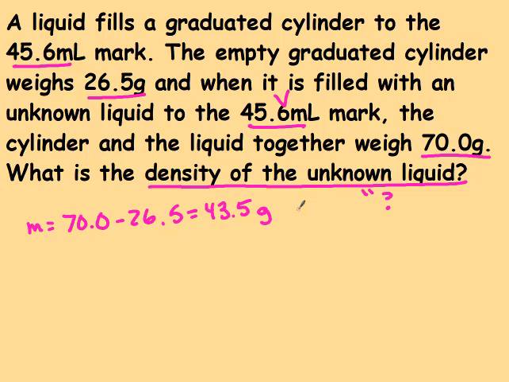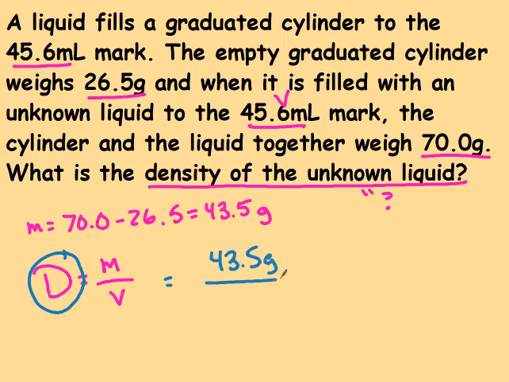Now that I know my mass and my volume, go ahead and pause the video and calculate your density. You should have written the equation, circled what you were looking for, and rearranged if necessary. In this case, it wasn't necessary. So now I just say, well, my mass is 43.5.